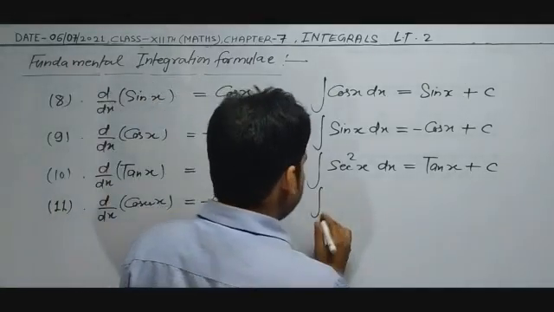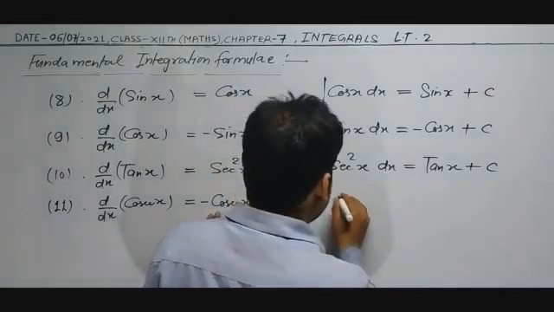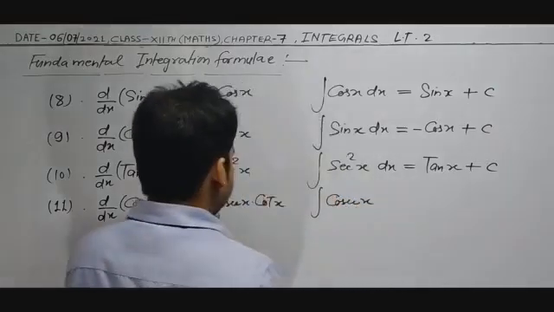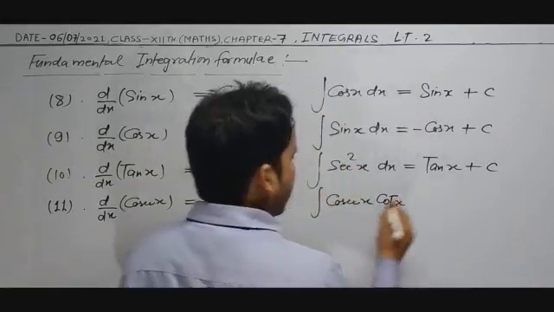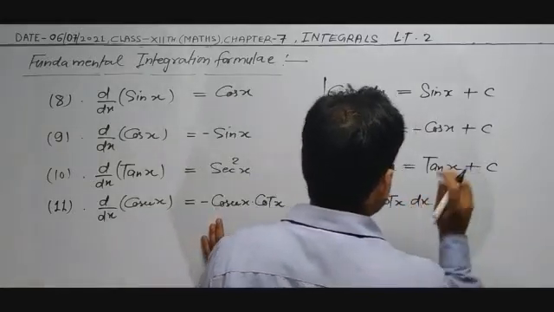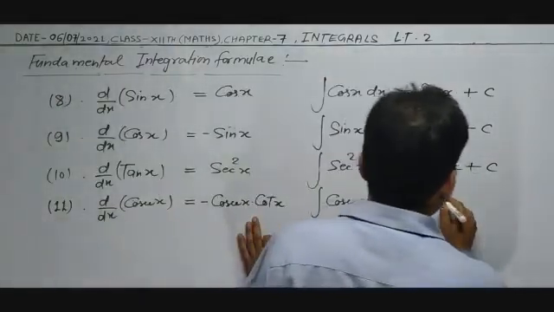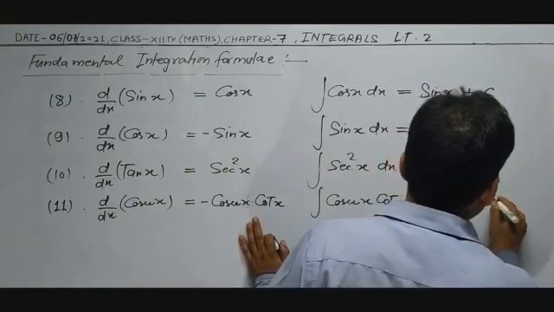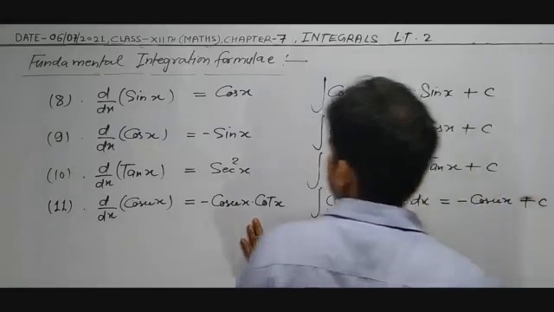You can write integration of cosec x cot x dx. This will be minus cosec x plus c.